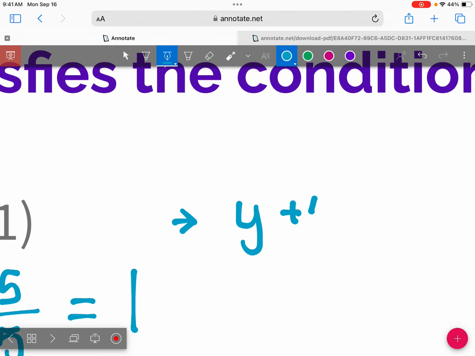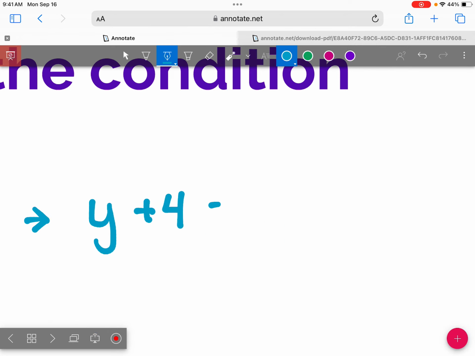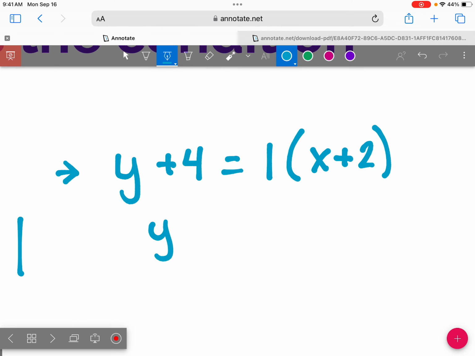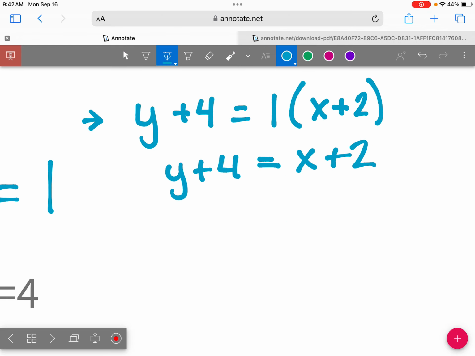Y plus 4 equals 1 times x plus 2, or we can notice that we don't actually need that 1 and get y plus 4 equals x plus 2. So I need to get this into standard form, meaning I need my x and y's on the same side, numbers on the other, and x needs to be positive.